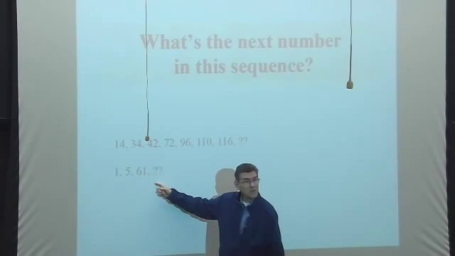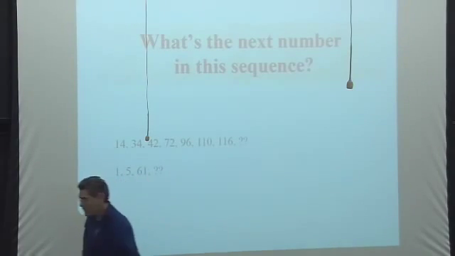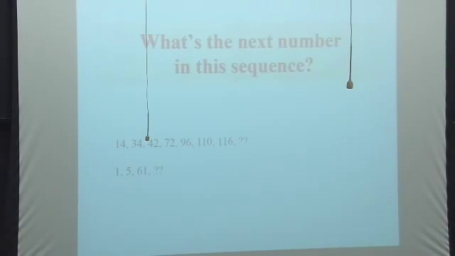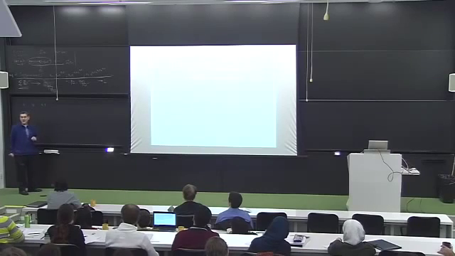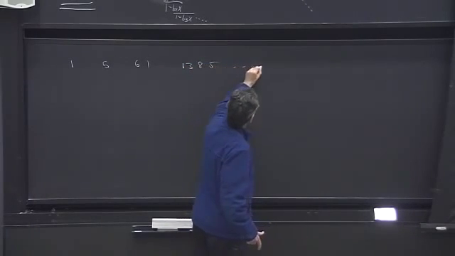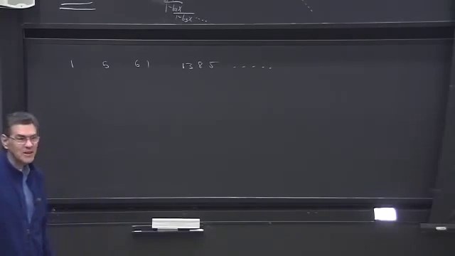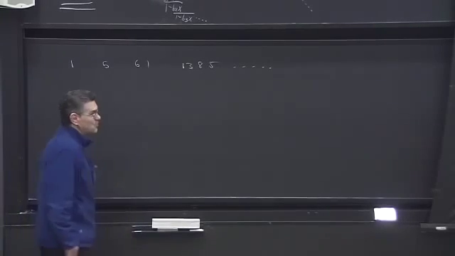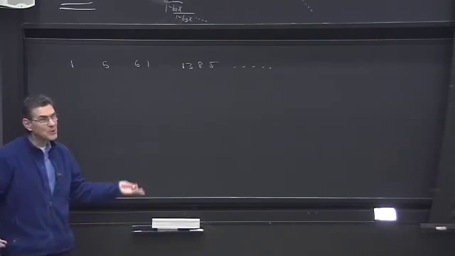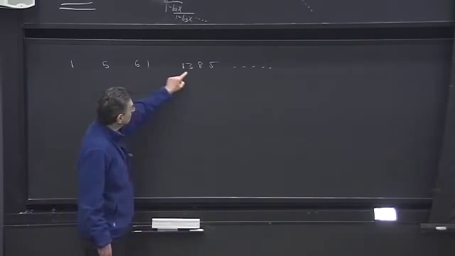Okay, so these are the Euler numbers: 1, 5, 61. And the next number happens to be 1385. If someone walks up to you on the street and says, what are the Euler numbers? You either know them or you don't.